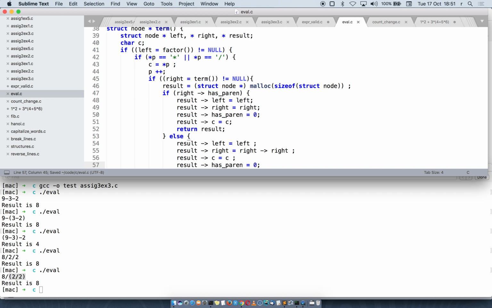And this should be it. And we return what? We actually return right.